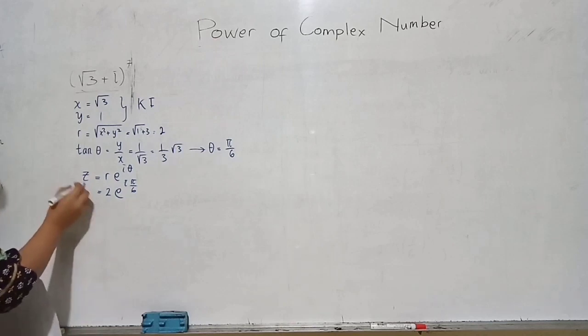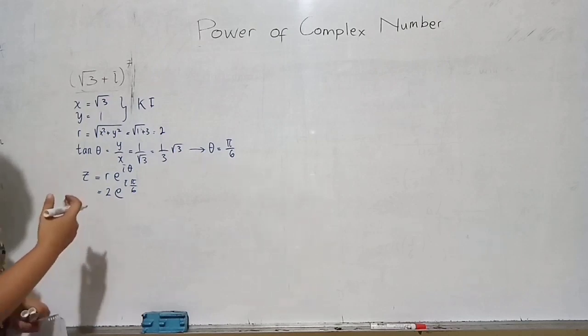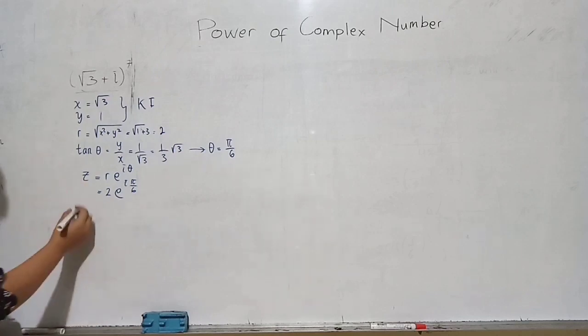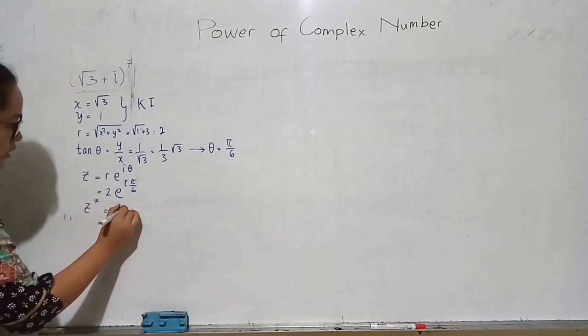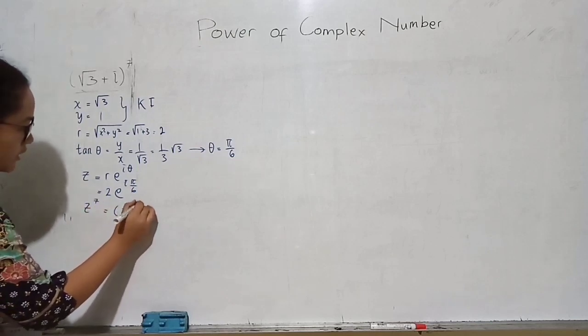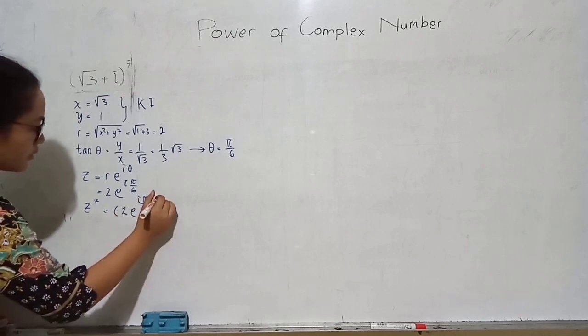And we already have the value of z, and then we find the power of z by 7. z power 7 is 2 times exponential i pi over 6, power 7.